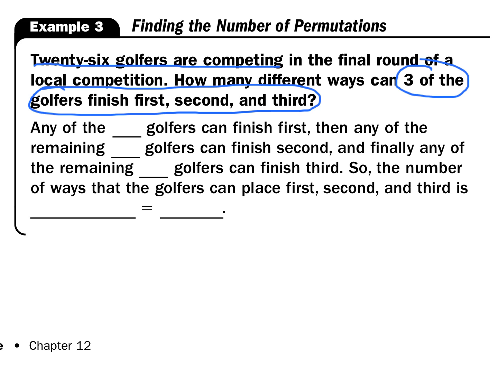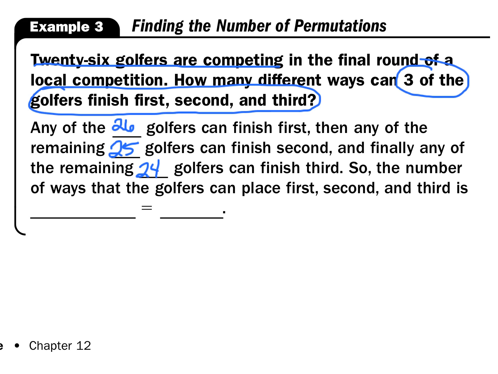For first place, any of the 26 golfers can come in first. We're going to assume that all of them are equally likely. So we have 26 golfers that can finish first. Then if one of them finishes first, there are only 25 left that can finish second. And then, of course, there's only 24 that can finish third.